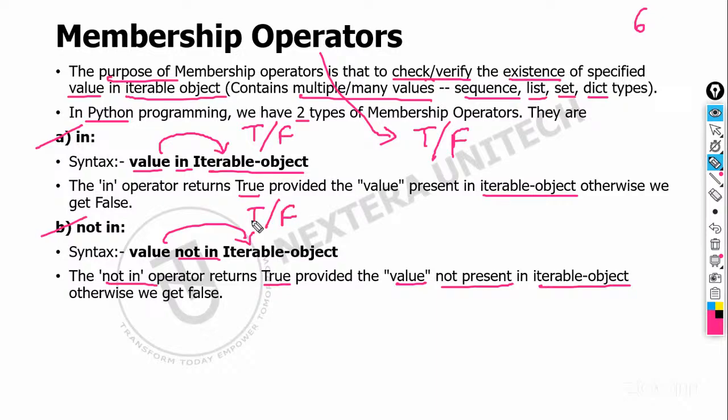So that is the difference between in and not in membership operators. But very simple, we just have to check the existence of the value, whether it is present in the iterable object or not. That's it. Simple. And a point to be noted is the output of membership operator will be either true or false. That's it. Clear?